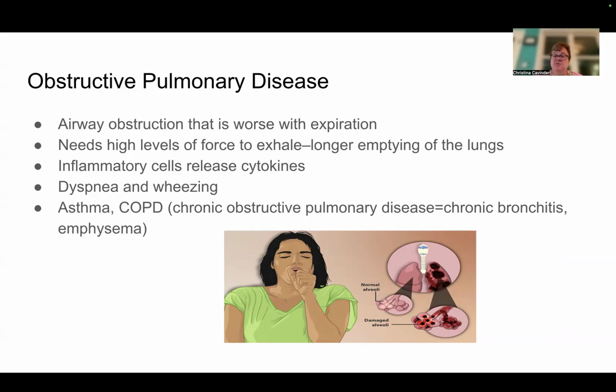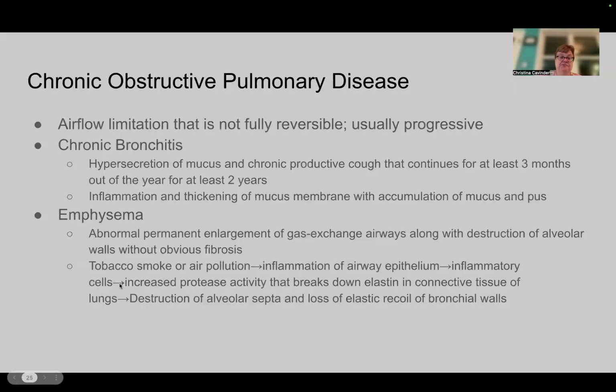And this causes dyspnea, or difficulty breathing or painful breathing. And because those airways are narrowed, it causes wheezing. The air is kind of whistling through that narrowed area. And this can be caused by asthma or COPD, or chronic obstructive pulmonary disease, or chronic bronchitis, emphysema.